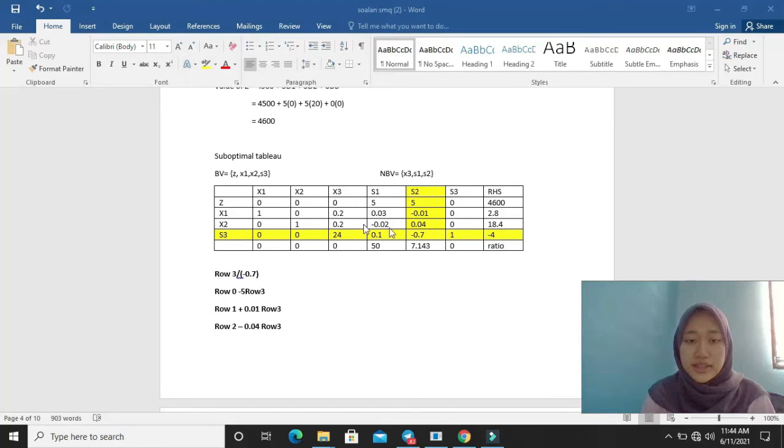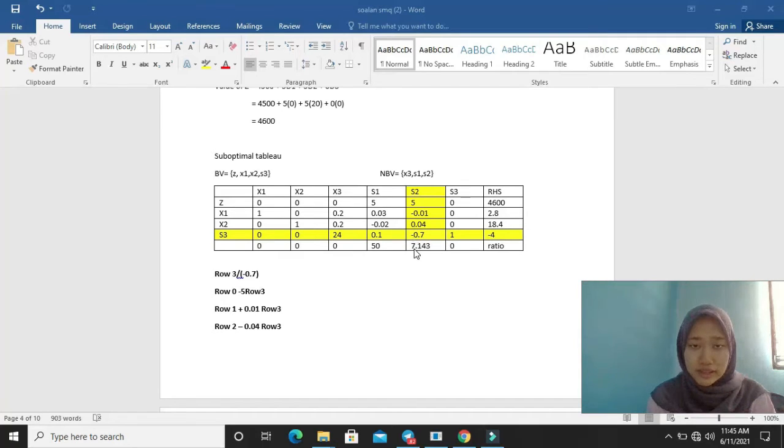Next, in this s3 row, the coefficients are 0, 0, 24, 0.1, negative 0.7, and 1. We need to find the most negative, and negative 0.7 is the most negative. This is a special case because there is only one negative here.